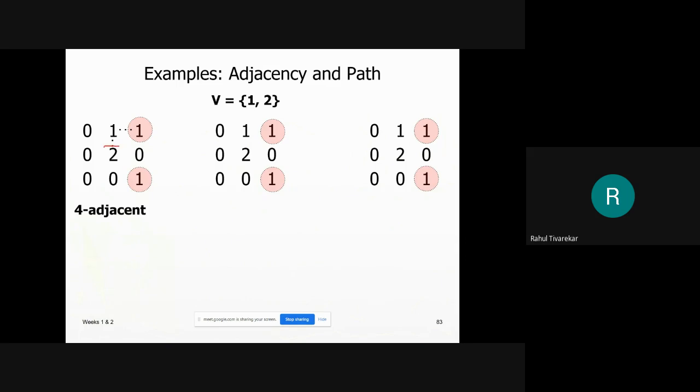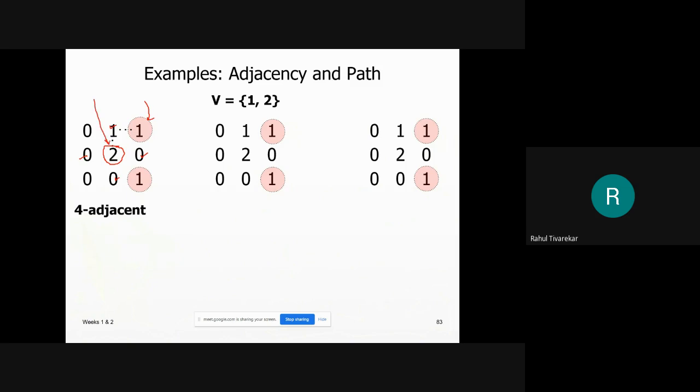Let's take an example of pixel 2. What are the four neighbors of pixel 2? What do you think are the four neighbors? This is the fourth neighbor, this is the fourth neighbor, this is the fourth neighbor, and this is the fourth neighbor.